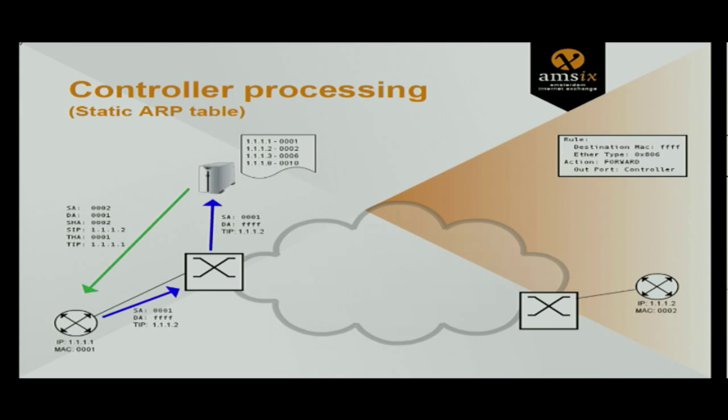So the easiest solution is you send everything to the controller. We already have a database of all the IP addresses we assign to customers, obviously. We also have in our database all the MAC addresses of every customer, because we use that for our layer 2 ACLs.